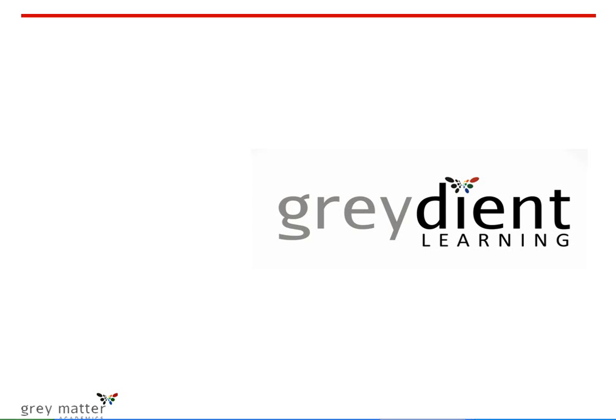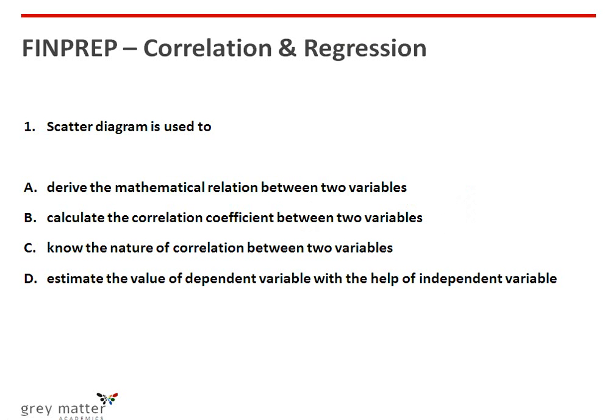Now let us move on to the first question, which says scatter diagram is used for 1. The various options are A, B, C and D. So the question: scatter diagram is used to know the nature of correlation between two variables.